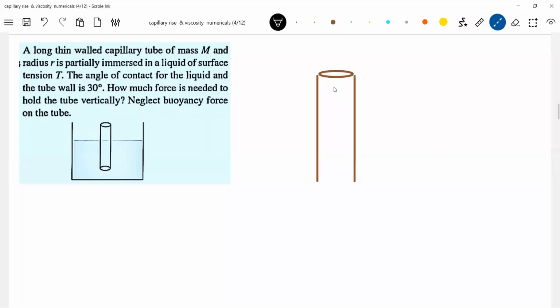What do we get? I'll put a diagram. Okay, the liquid will rise. So here the meniscus should be like this.